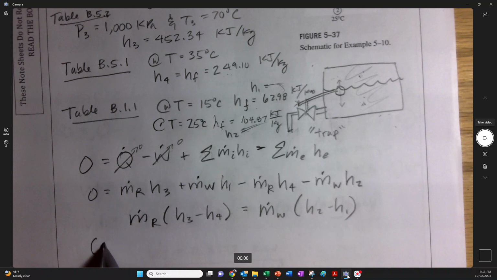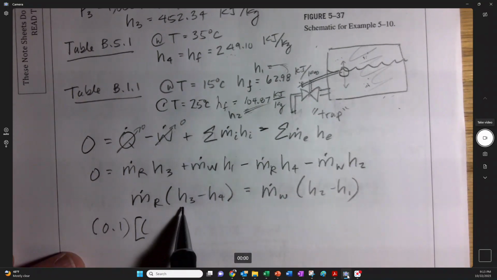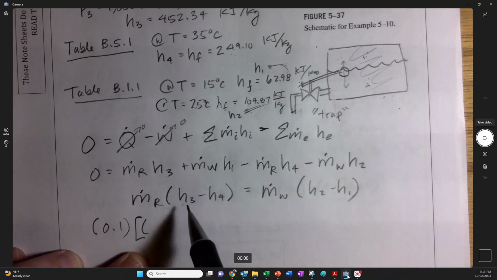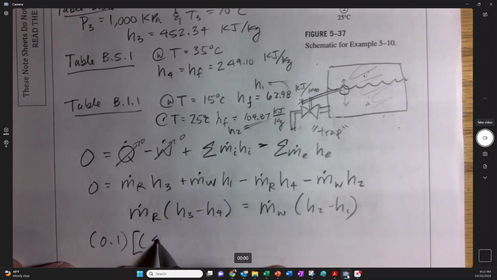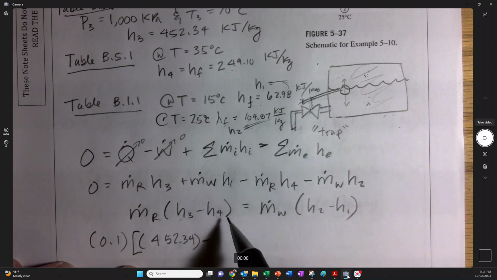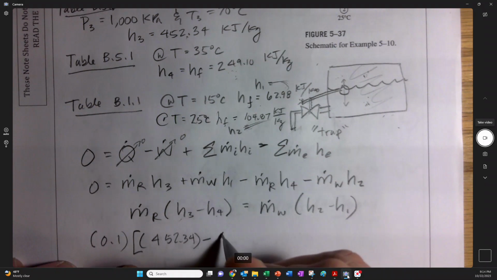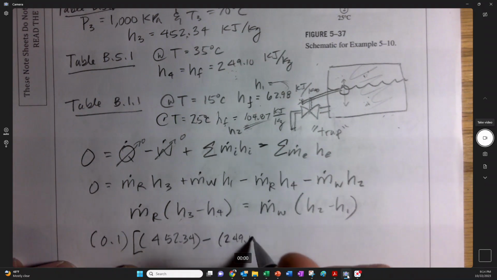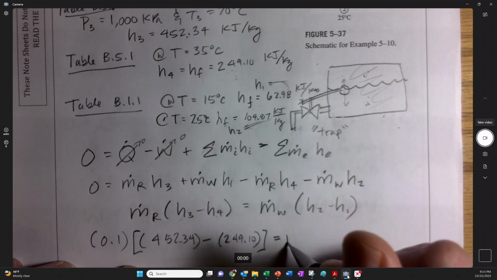We know this is 0.1 kilograms per second. We had our refrigerant that was dropping from H3 to H4. H3 we said was 452.34, and H4 was right there. So we had 249.10 equal to my m dot of water, which I was trying to find.